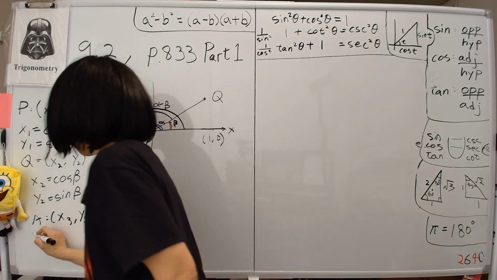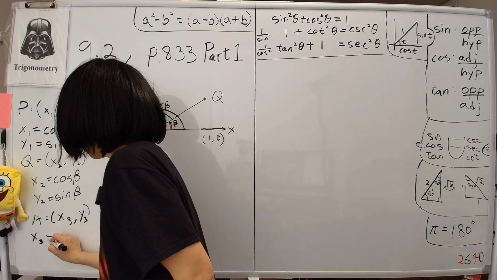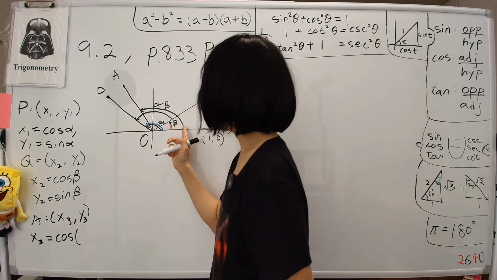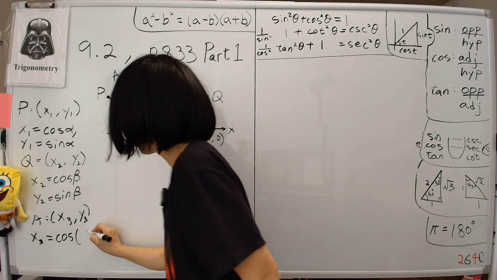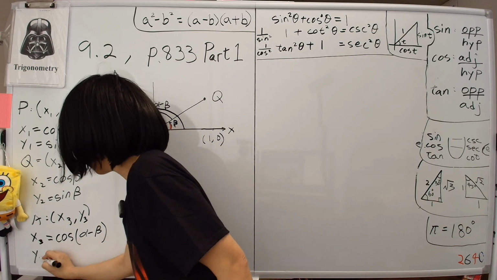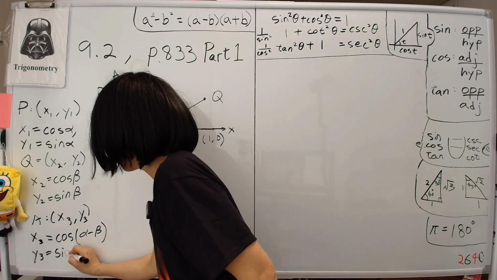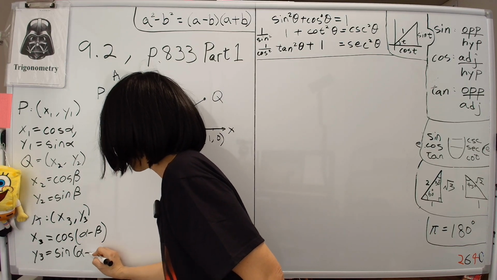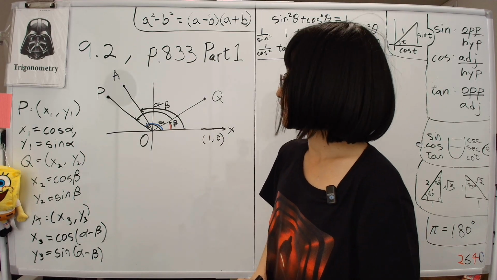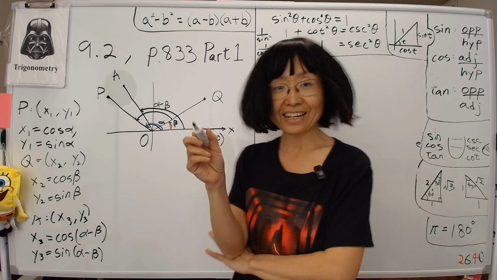The x coordinate of A is equal to cosine of this angle, alpha minus beta, so we'll write that down, cosine of alpha minus beta, whereas y3, the y coordinate of A, is sine of alpha minus beta. All right, so now we are going to crank out the magic.